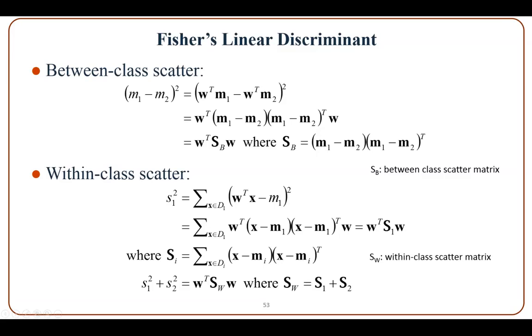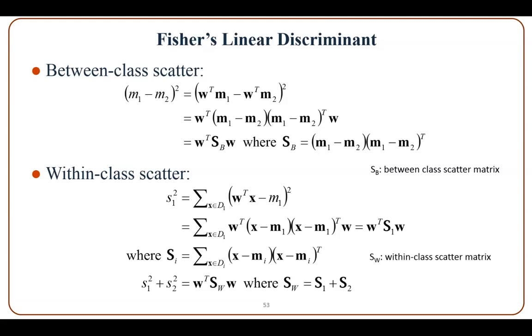The sum of S1 squared and S2 squared is the product of W transpose SW W, and SW is the sum of all Si. In the case of two categories, SW is S1 plus S2.